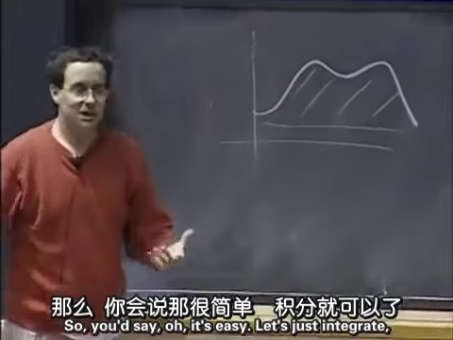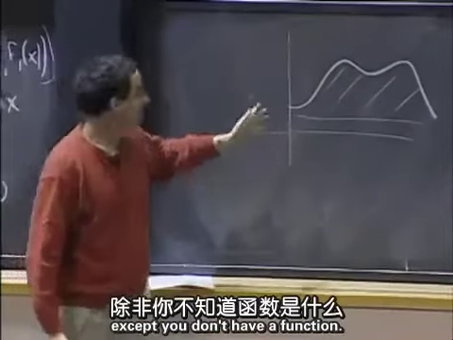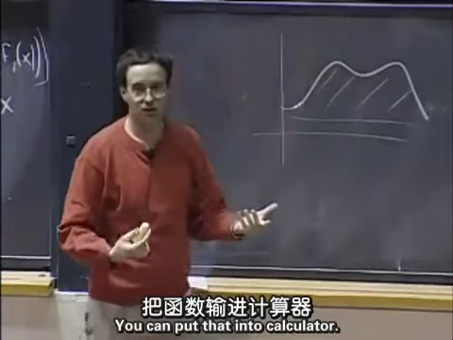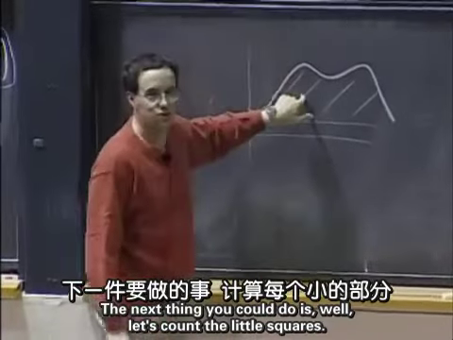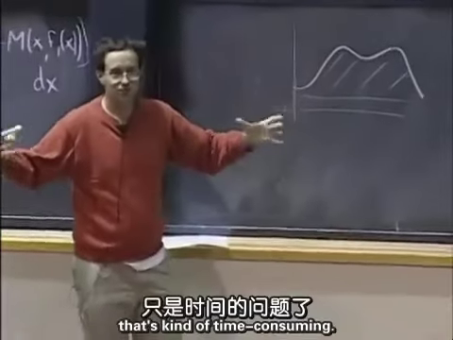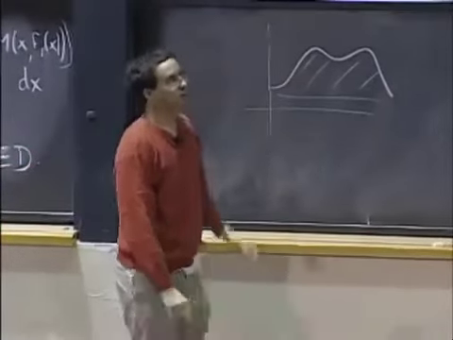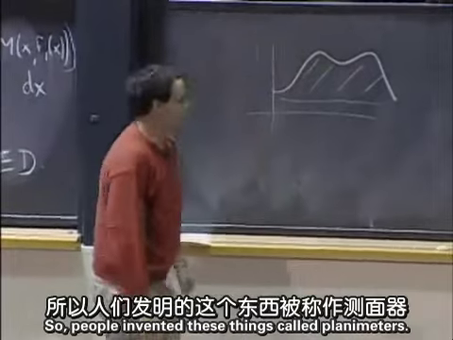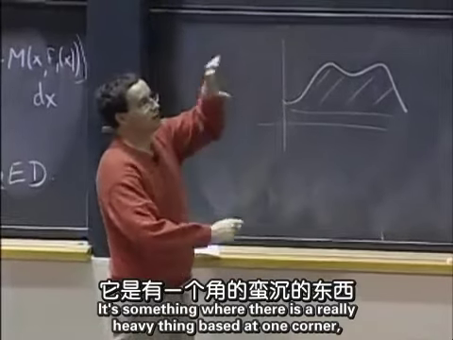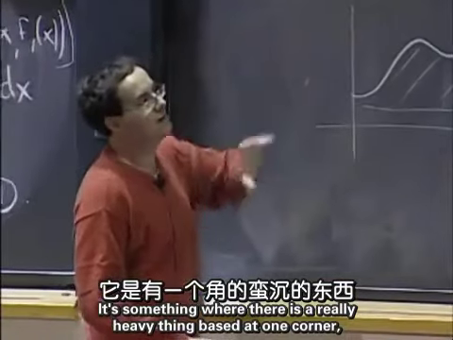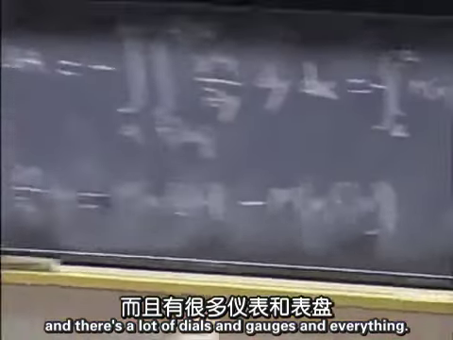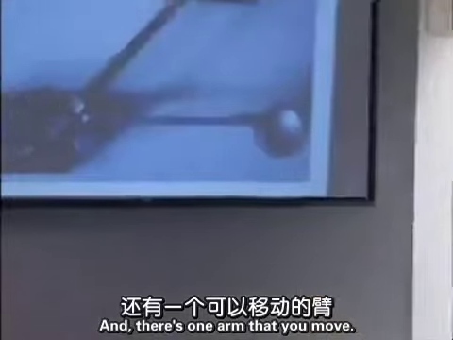So you'd say, oh, that's easy, let's just integrate. Well, except you don't have a function you can put into your calculator. The next thing you could do is, well, let's count the little squares. But if you've seen a piece of graph paper, that's kind of time-consuming. So people invented these things called planimeters, where there's a really heavy base at one corner, and there's a lot of dials and gauges, and there's one arm that you move.